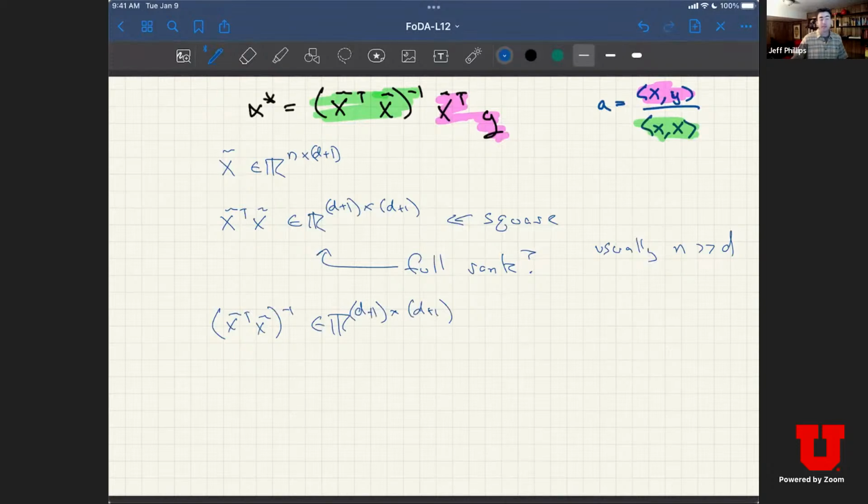Okay, and now I can multiply by x tilde transpose, which is also going to be d plus 1 times n, because the transpose reverses the order. So now I can multiply it by this fine. And then y is going to be in Rn, so I can multiply that as well. So the coefficients all make sense in here.